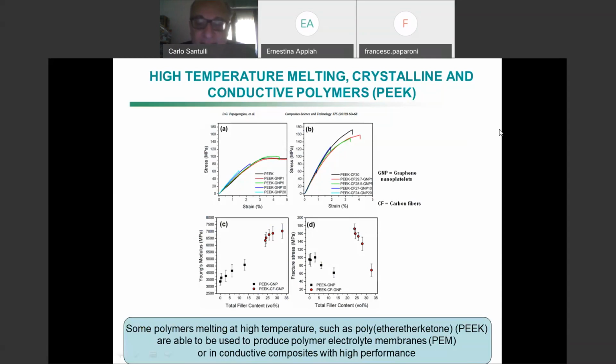And now they have done a number of experiments into making some conductive electric membranes. You add some carbon fibers and also some graphene nanoplatelets to make these membranes very conductive, with very small conductive layers.